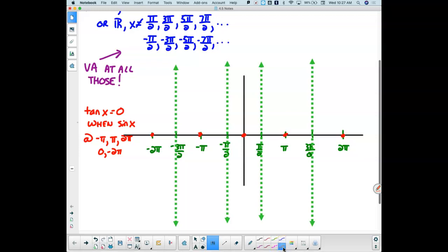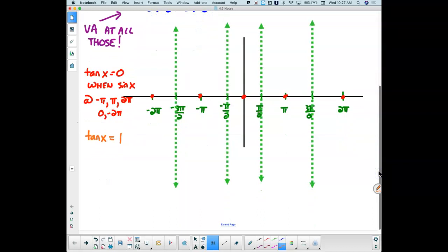When is my function equal to positive 1? When would my function be equal to positive 1? Okay. I like one of those. I don't like the other one. Okay.